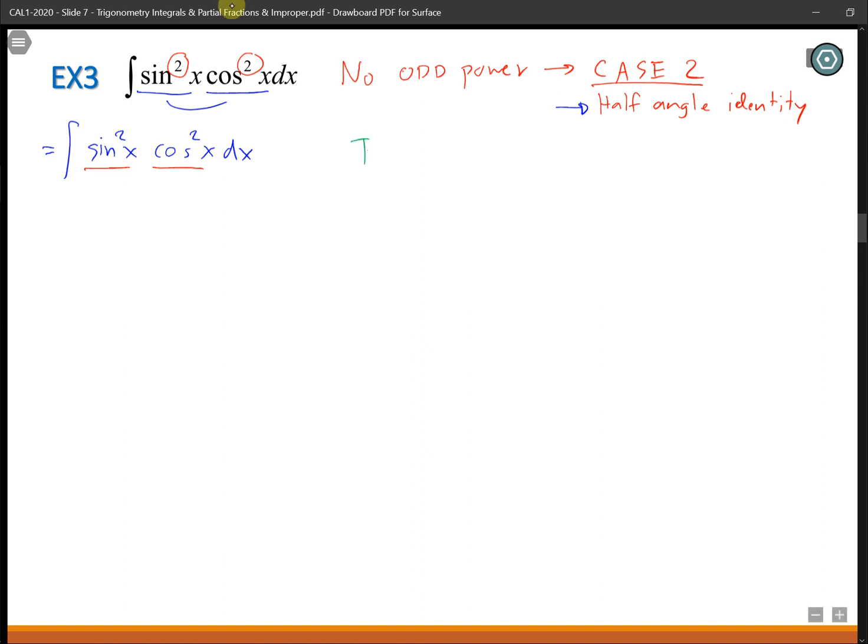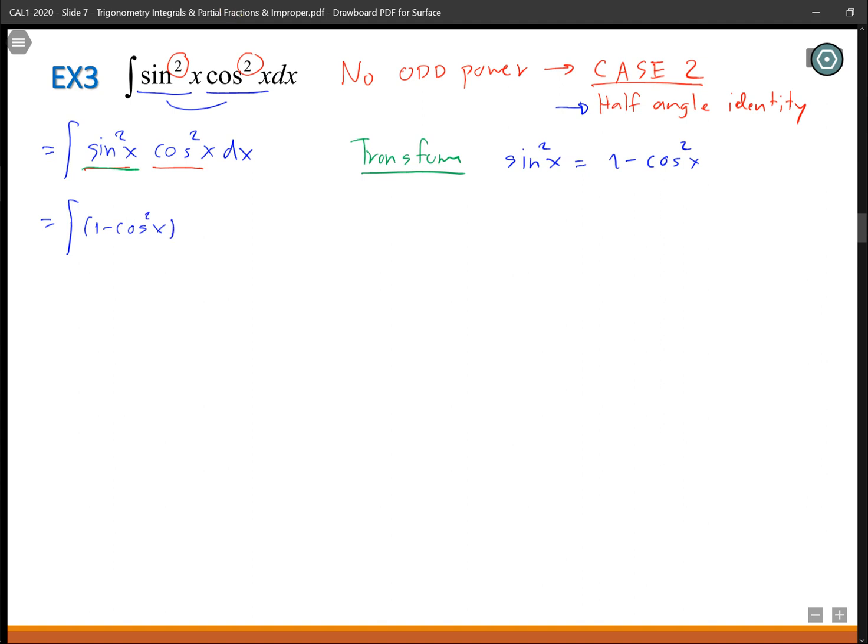Transform. I decided to change this sine x squared to cosine, and I can do that by using this. Sine of x squared equals 1 minus cosine of x squared. Alright, so what happens here is I replace sine of x squared by 1 minus cosine of x squared.